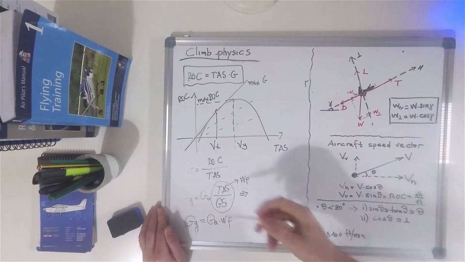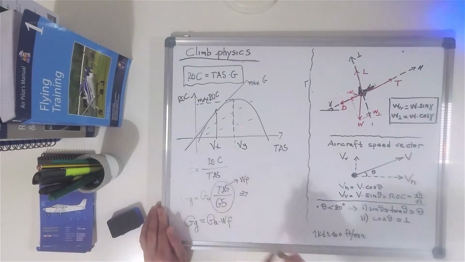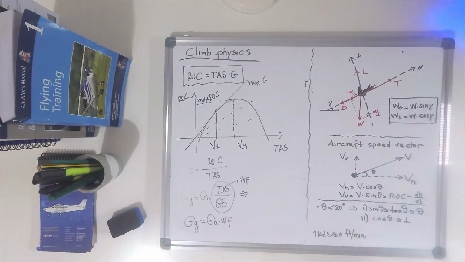So that's the way, if we know the air climb gradient, to find the ground climb gradient, or vice versa.